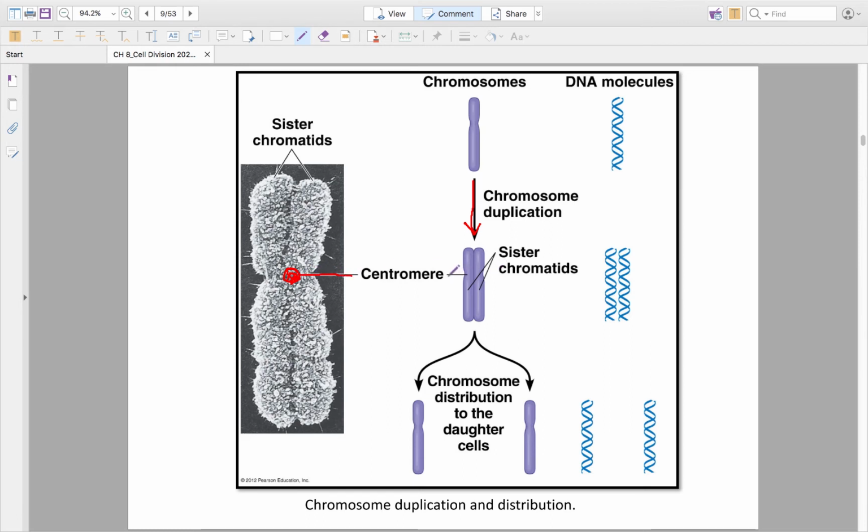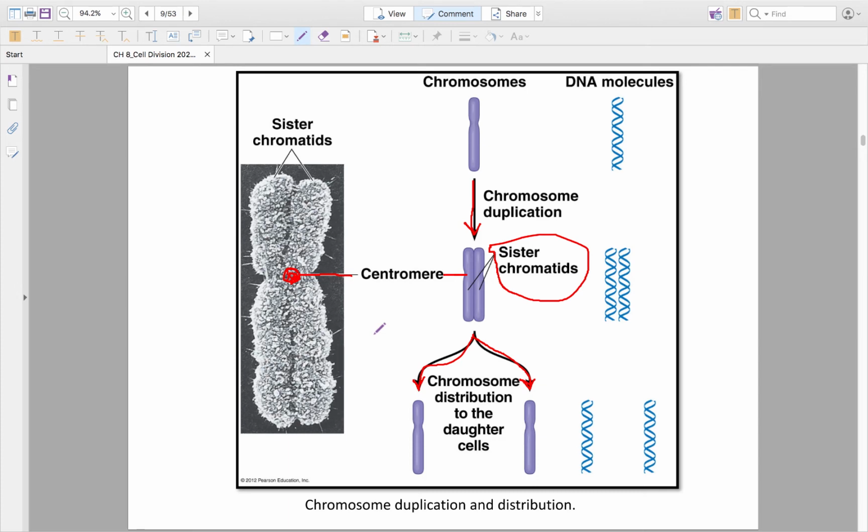Now this is an exact replica of this, and they're held together, and they're referred to as sister chromatids. You want to know that term because you're going to see it quite a bit. For a time, the sister chromatids will be held together by a centromere, and then at some point they will be distributed to two daughter cells.